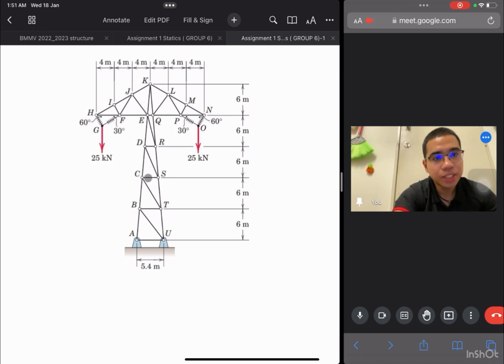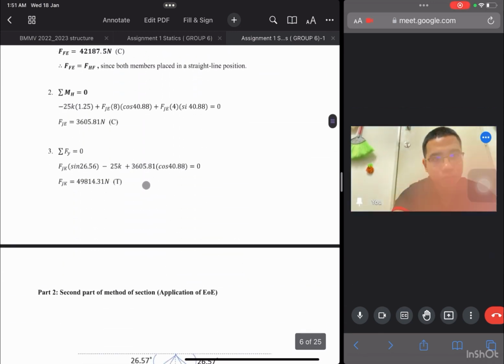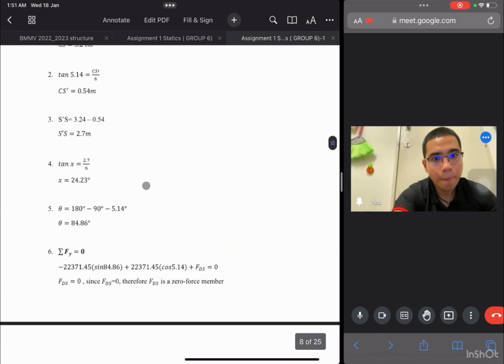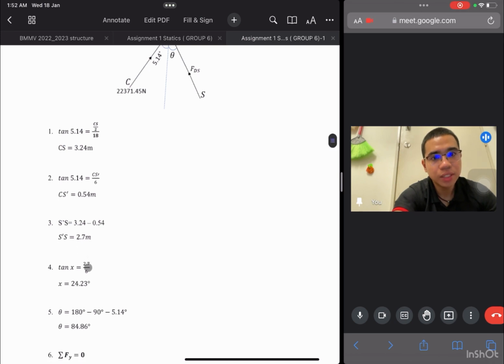I assume that S prime is here, the vertical from D. So C to S prime, the length is as shown below. CS prime equal to 0.54 meter. So S prime to S equal to 2.7 meter.